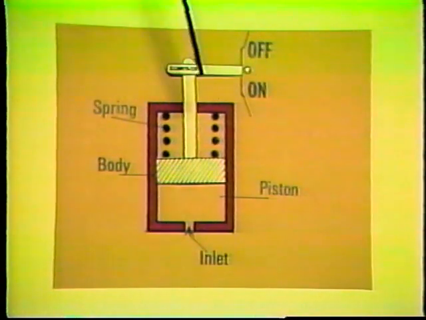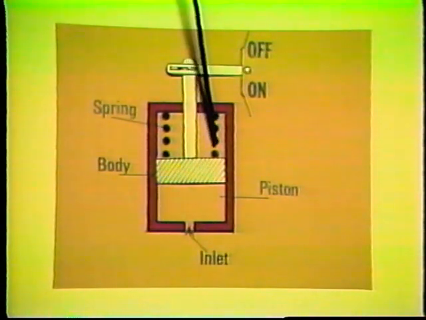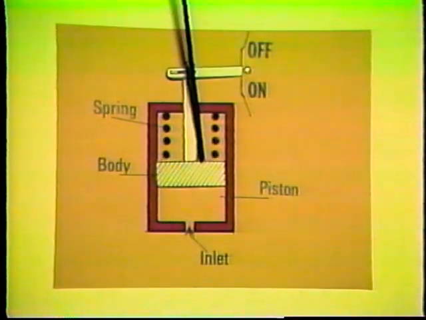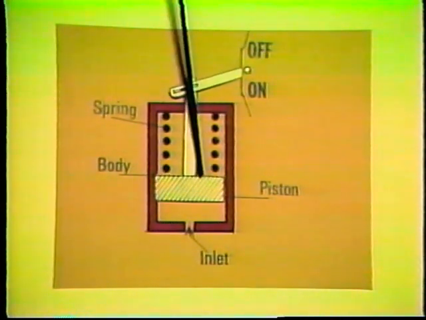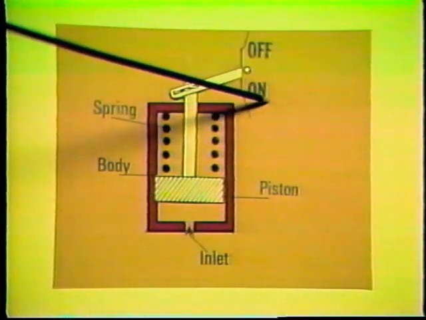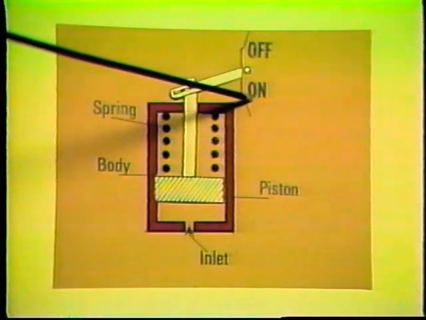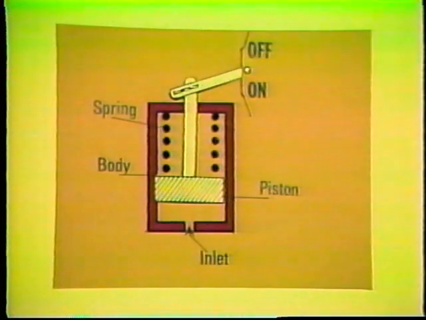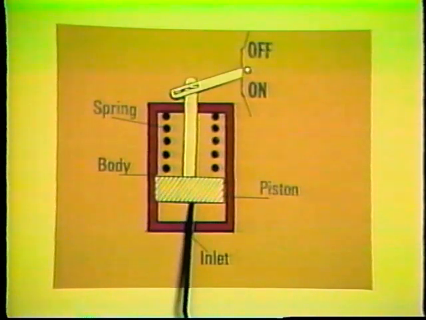When the system or tank pressure is low, the spring forces the piston down, as you see here. In this position, a contact is made, and this causes an electrical signal to turn on the compressor. As air pressure in the system increases, it enters the switch through the inlet.